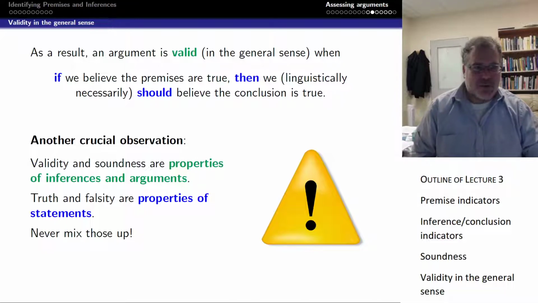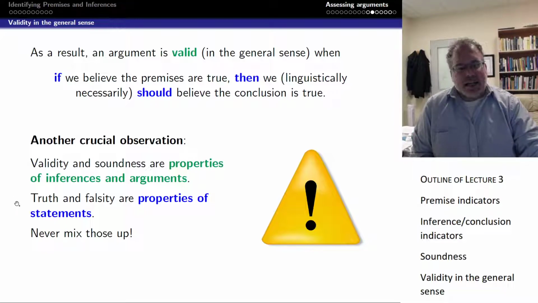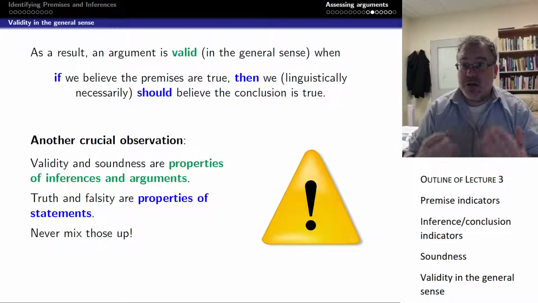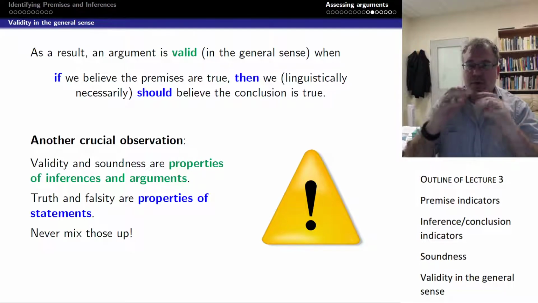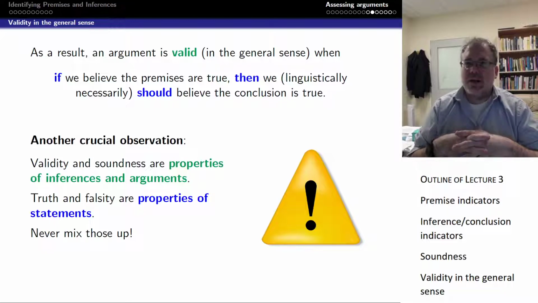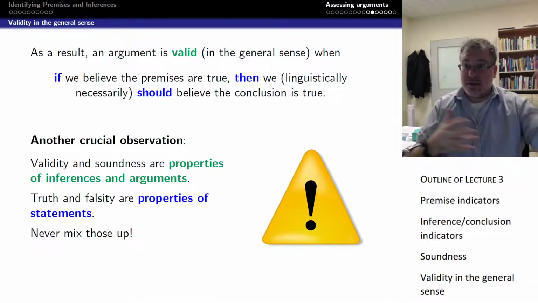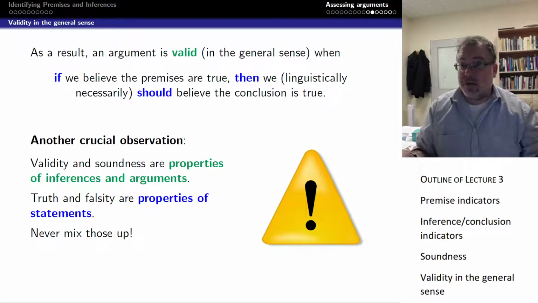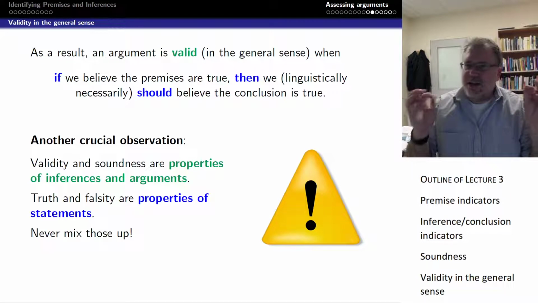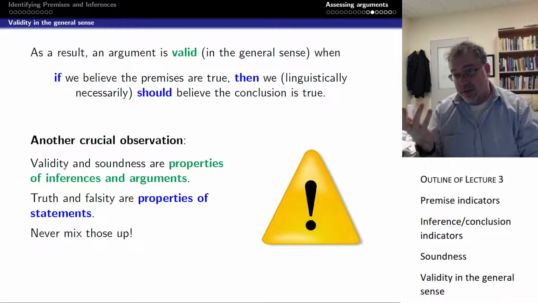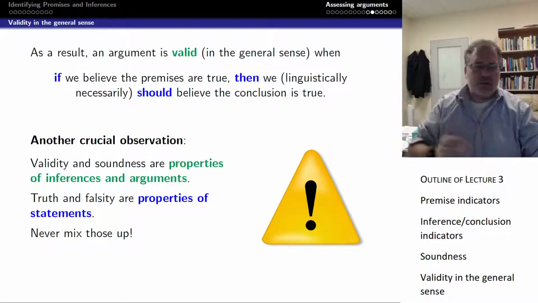It cannot be about statements. And in the same way, it is not right to say that an argument is true or false, because truth and falsity are not properties of arguments, they are properties of statements. Right? So if I say grass is yellow or purple, then you can say, oh yeah, that's true or that's false, depending on whether it corresponds with the facts, right? But we're never going to say that an argument is true. We're going to say it's valid or invalid, or sound or unsound. Okay?